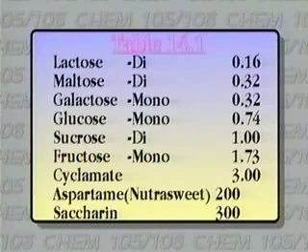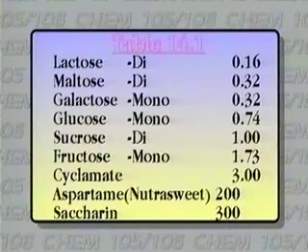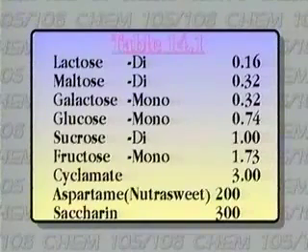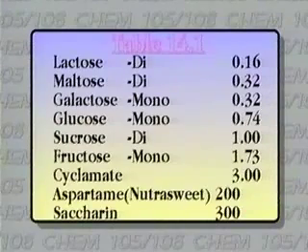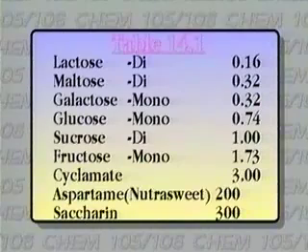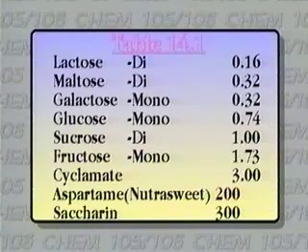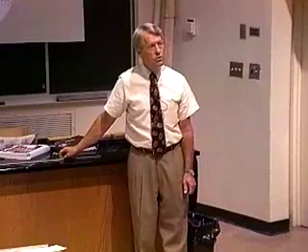Cyclamate, about 3 times sweeter than table sugar, and then NutraSweet or aspartame, and saccharin. Saccharin was the first of the artificial sweeteners that were produced. And as I mentioned, the name saccharin, of course, comes from the term saccharide, which was the term used for sugars.